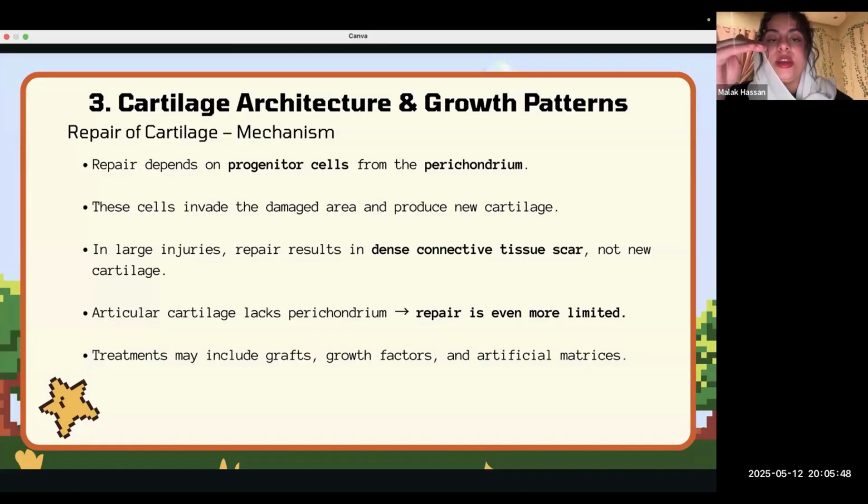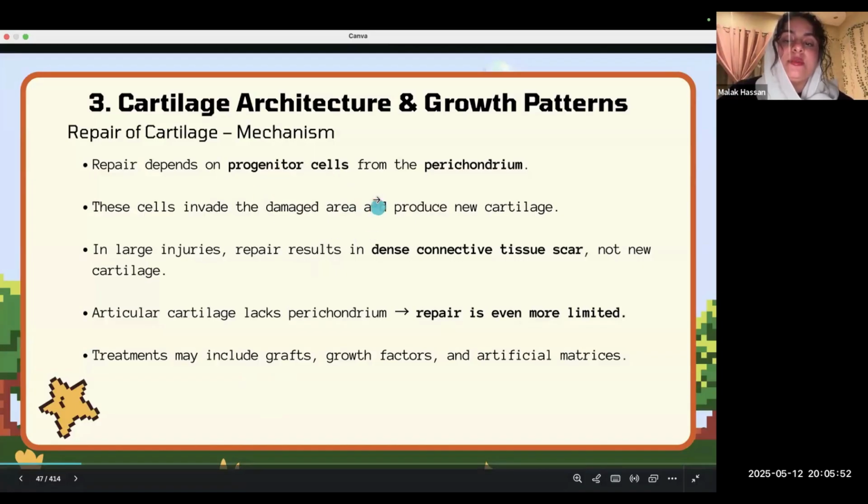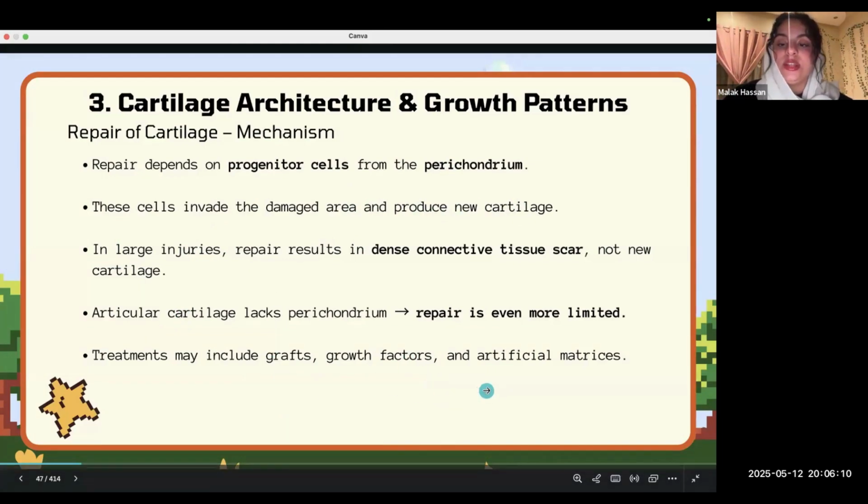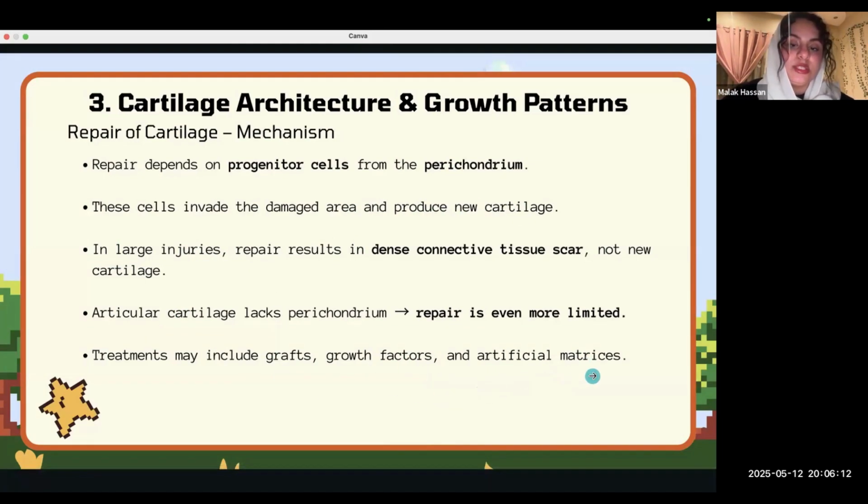So the inner cellular layer has progenitor cells, and those are going to invade the damaged area and produce new cartilage. All right. Now, in very large injuries, repair will cause a dense connective tissue scar and not cartilage. And in articular cartilage, we don't have perichondrium, so repair is even more limited. And that's why treatments may include grafts, growth factors, and something called artificial matrices.